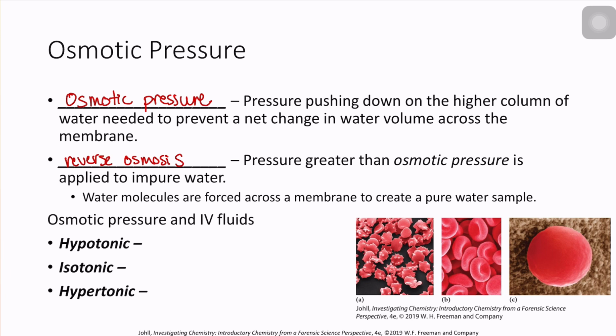We can look at the osmotic pressure and IV fluids. So here are some pictures of blood cells. If you have a hypotonic solution, that means that you have lower concentration than the blood.